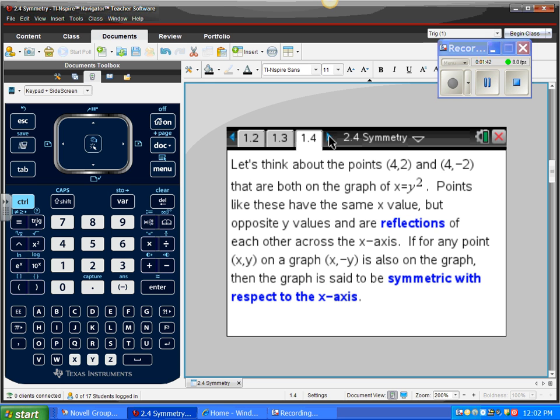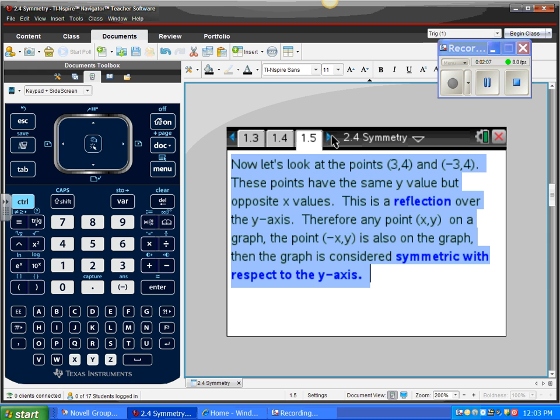For any point that we want to reflect over the x-axis, the original point (x, y) becomes the point (x, -y). So essentially all we're doing is negating the y value, okay? We also say that the graph is symmetric with respect to the x-axis, is how we would say it mathematically. So again, our rule is (x, y) to (x, -y).